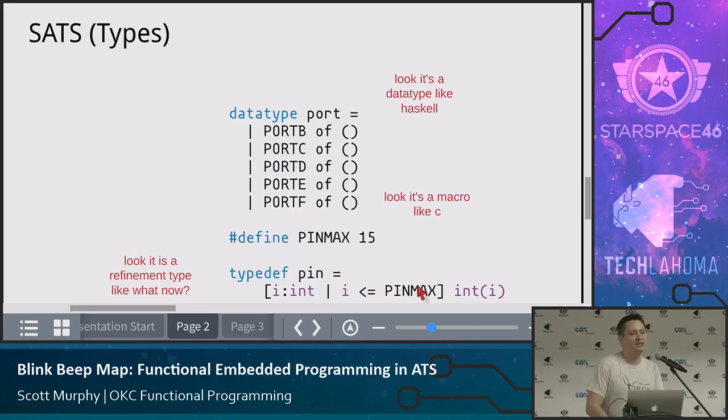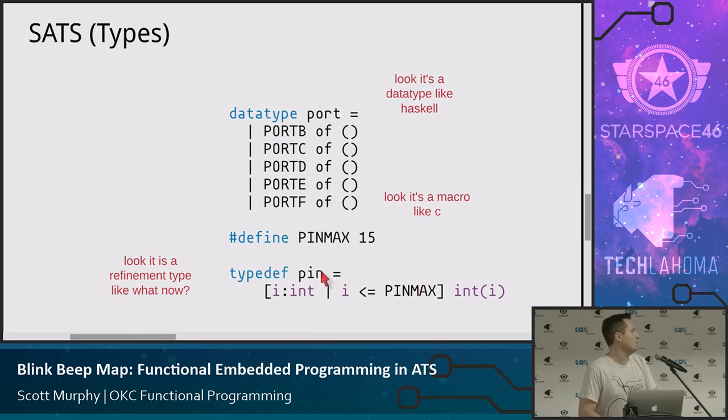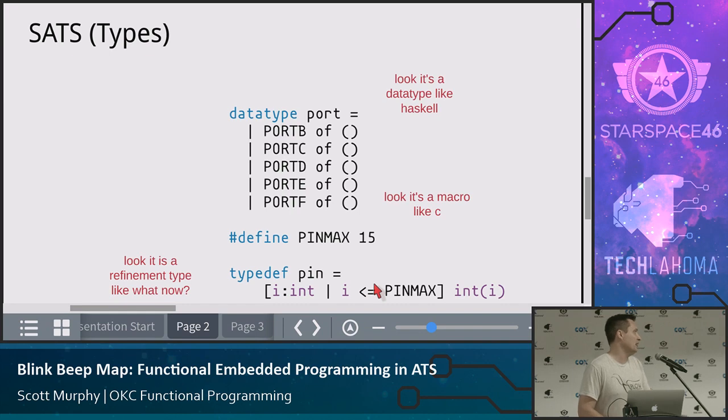So in Haskell, to get something like that, you have to add a plugin for refinement types called Liquid Haskell. I don't know how to do it in Scala, but several other functional programming languages offer refinement types. But that's what you're doing. You're subtyping this. So now you have a type pin that you can refer to, and you know that a pin has to be between 0 and 15. Or actually, in this case, between negative infinity and 15. But you could also add another condition and make it greater than or equal to 0 as well. I just didn't put it on this slide.